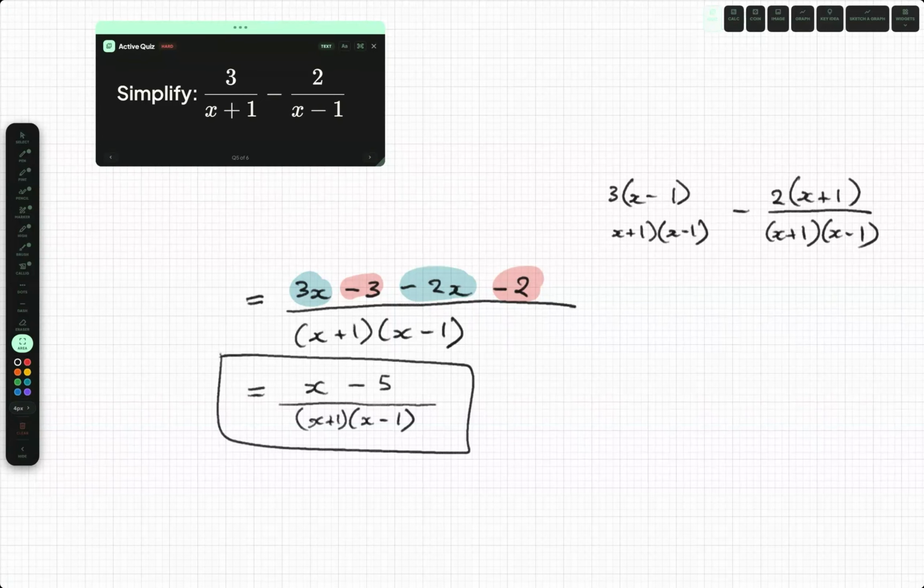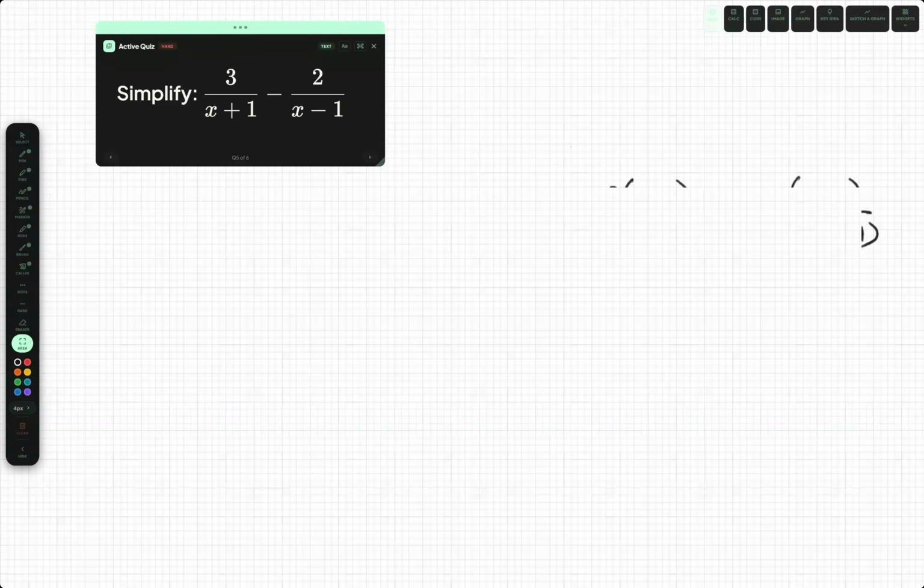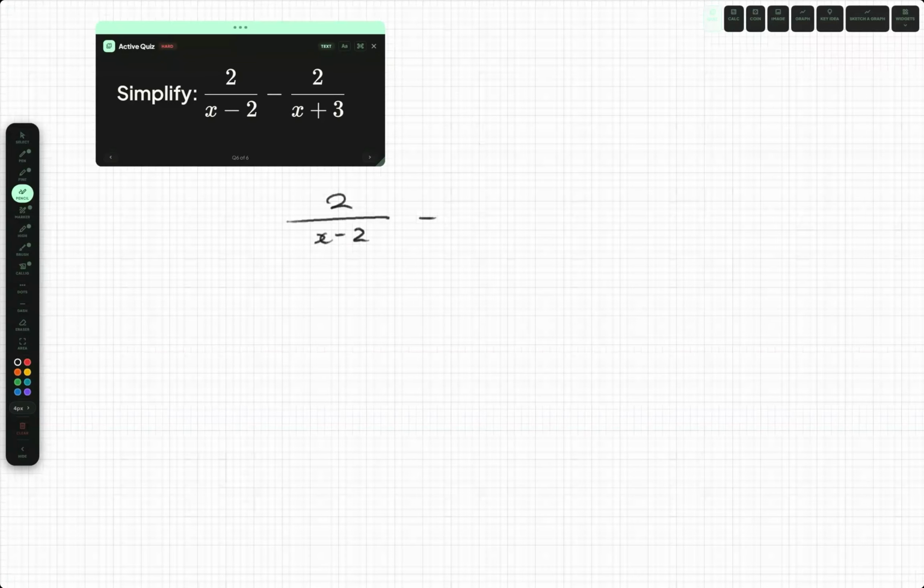All right, so let's move on and do our last one. Right, so we have 2 over x minus 2 minus 2 over x plus 3. Looking at this one here, we do the exact same thing.